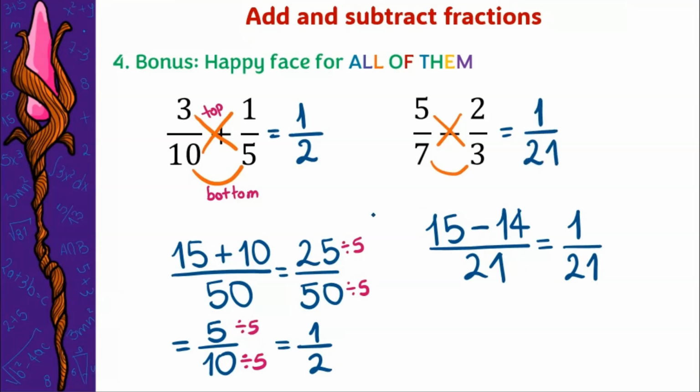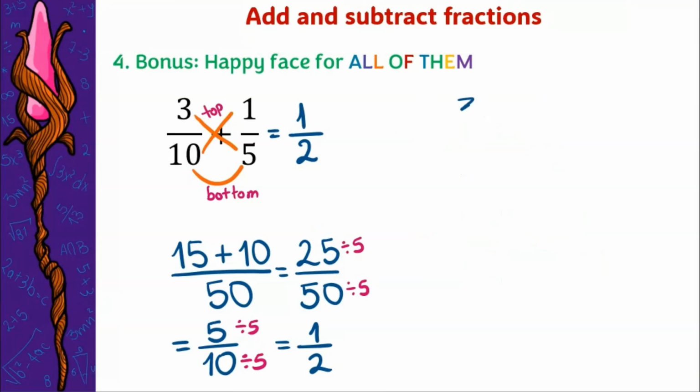Okay, at this moment you should be wondering, but if the happy face is for all of them, why should we learn the other ones? I'm going to show you how would be the same operation, but using one of the methods that I previously told you. Instead of using the happy face, I'm going to say that 10 is a multiple of 5.